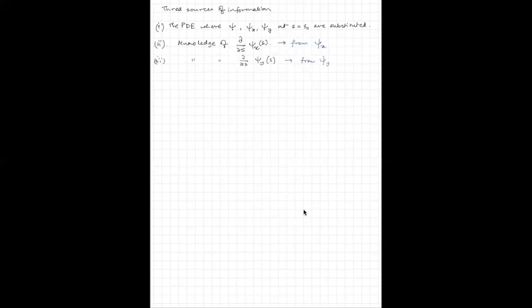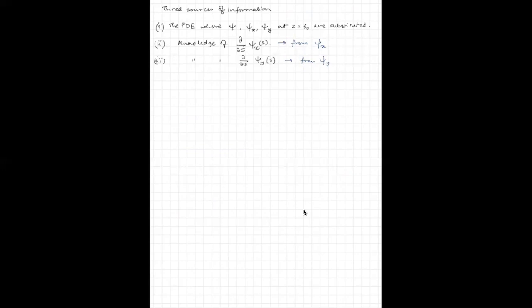So now, given all of this, let's see how we can extract the second order derivatives of the function psi.